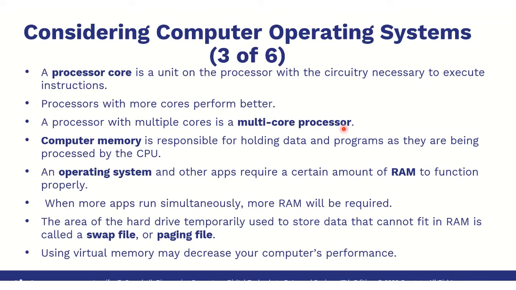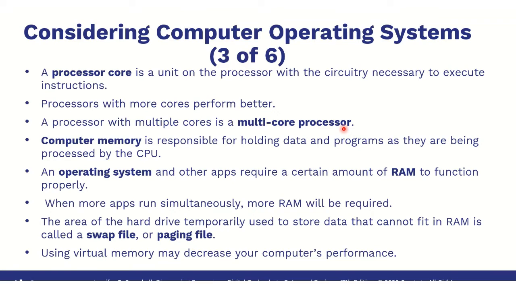Computer memory is responsible for holding the data and programs being processed by the CPU, and operating systems and other applications require a certain amount of RAM to function properly. All these things we described in the preceding slides. So these are the considerations for a computer operating system.